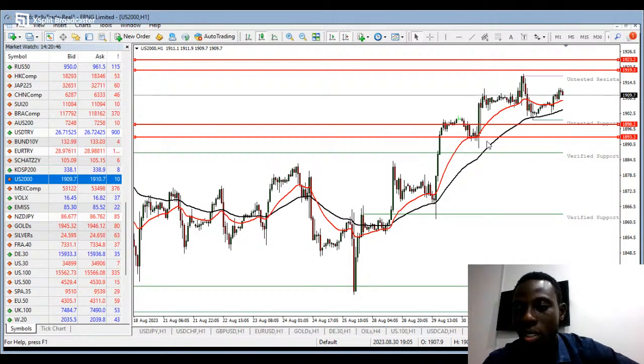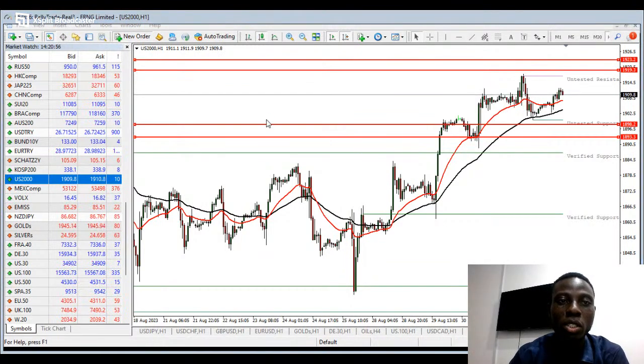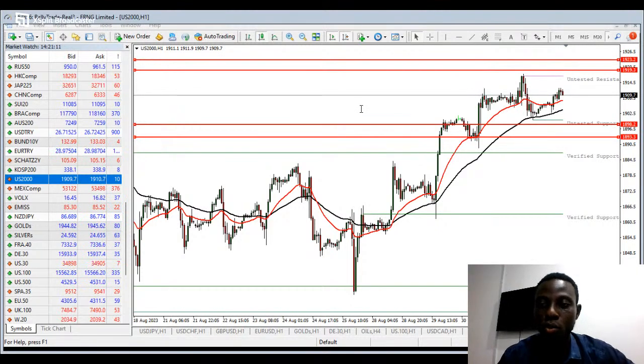Now our entry for buy stop is 1919.3 for US 2000, and my take profit at 1923.2.